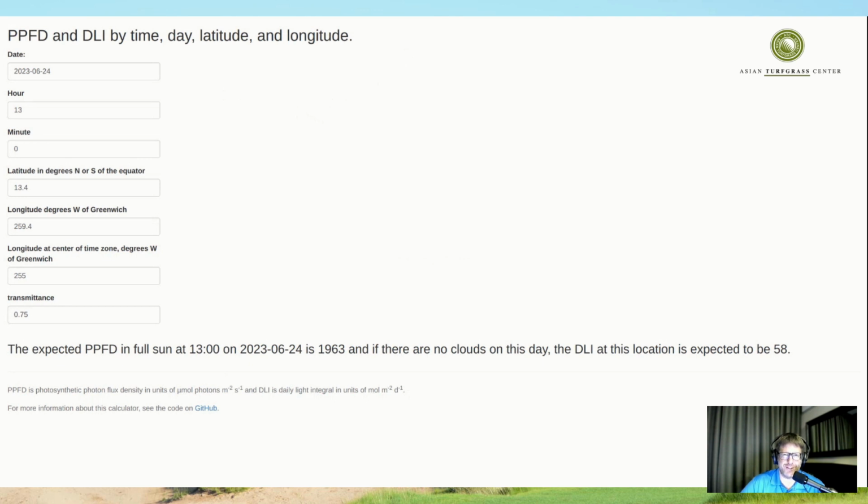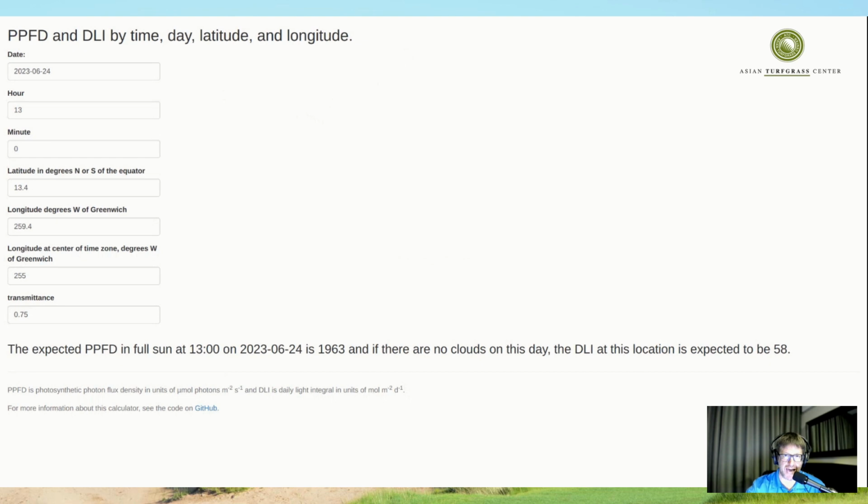But if you don't have a meter, there are some other ways to do this. One way is to know that in full sun, about 75% of the light that reaches the top of the atmosphere above your location is going to make its way all the way to the surface.